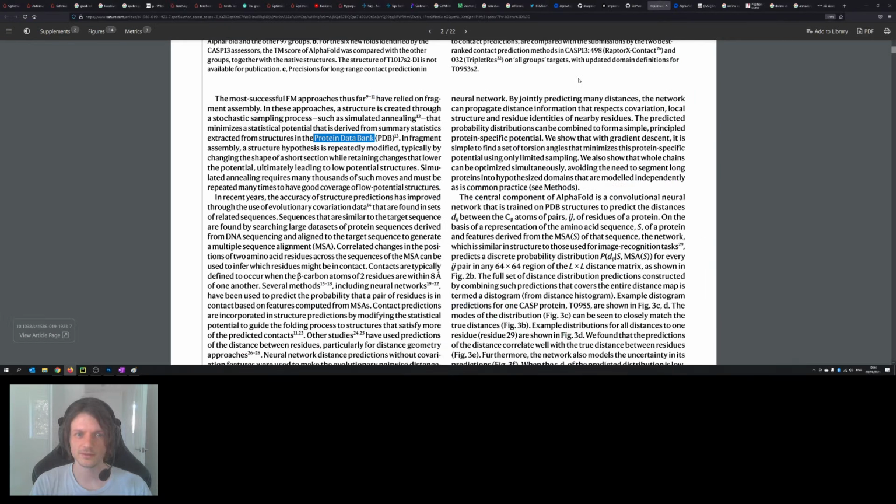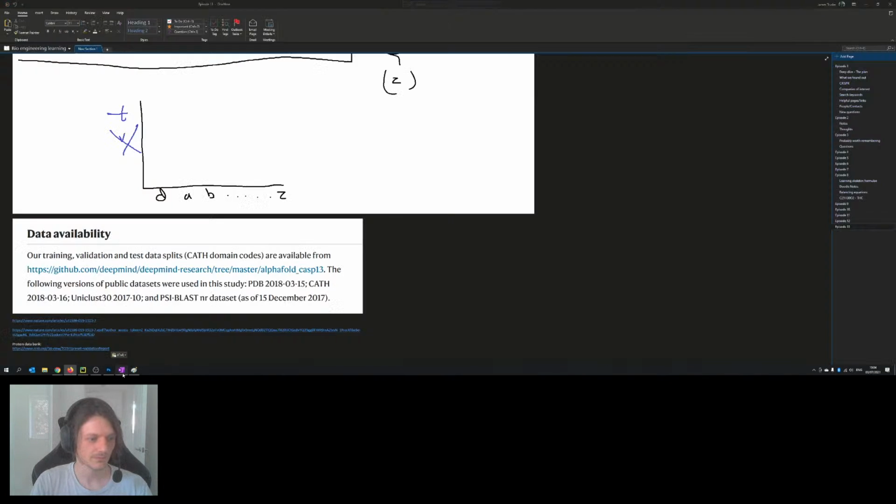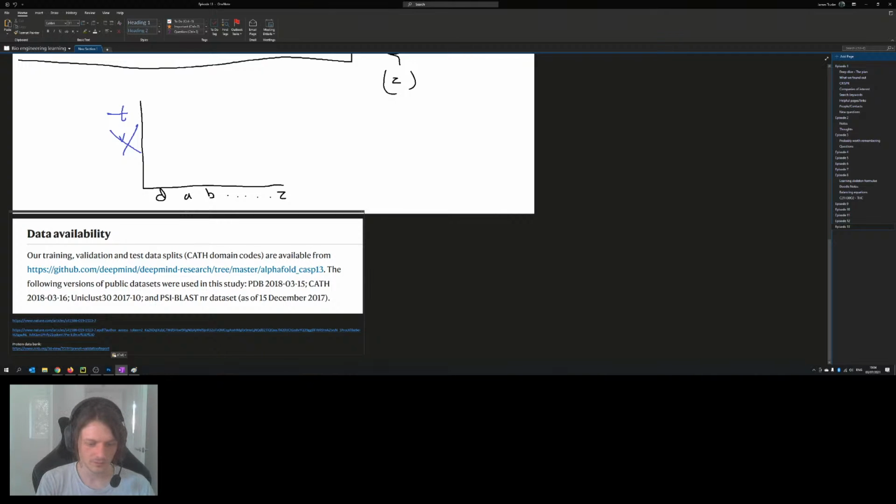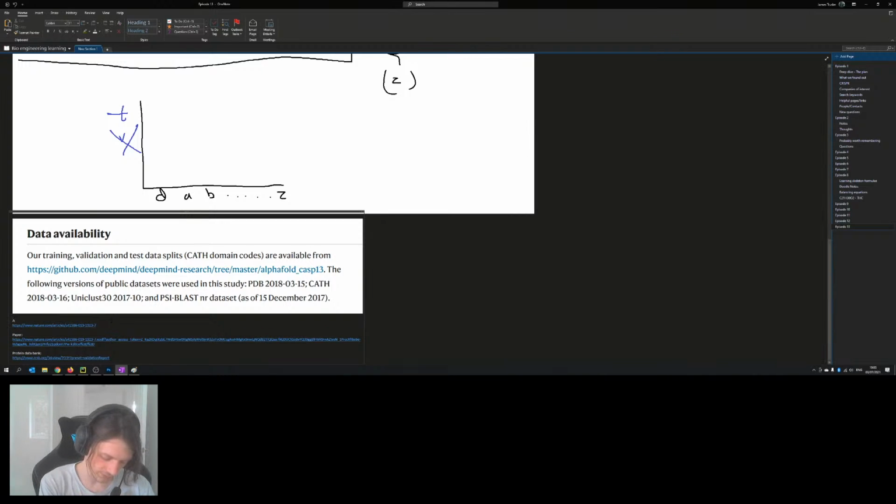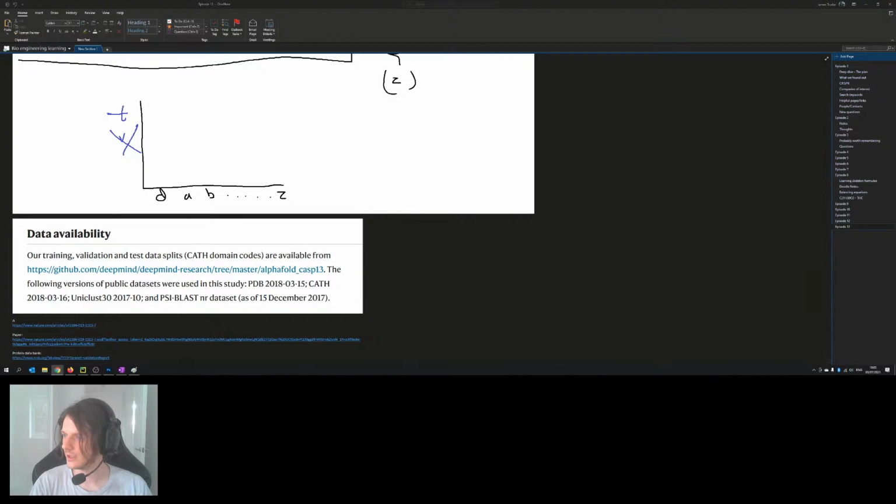Let's go back to this. Paper. This was the, what's this called again? I've forgotten this. Abstract, that's the one.